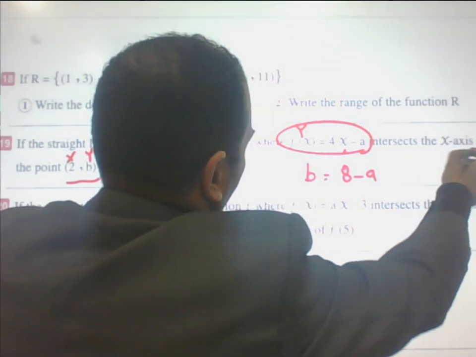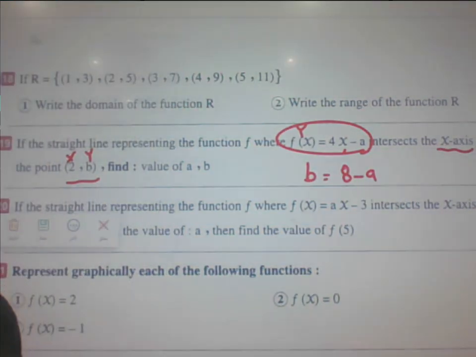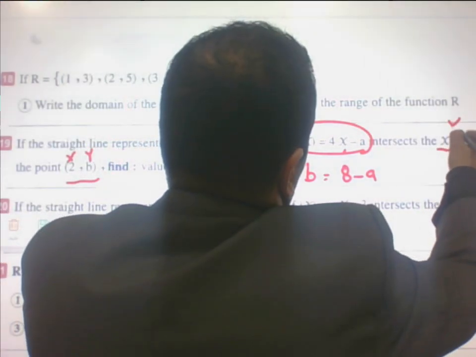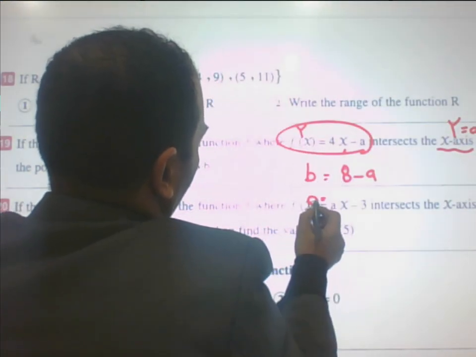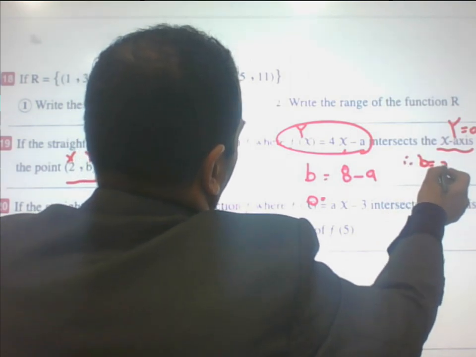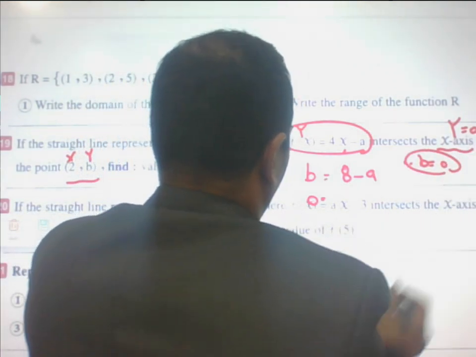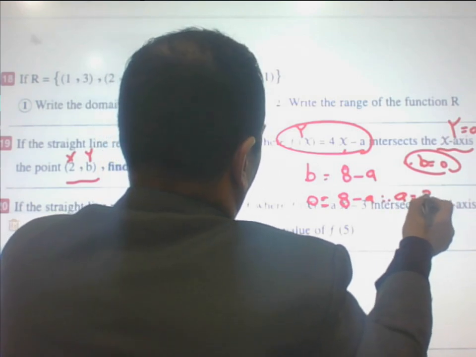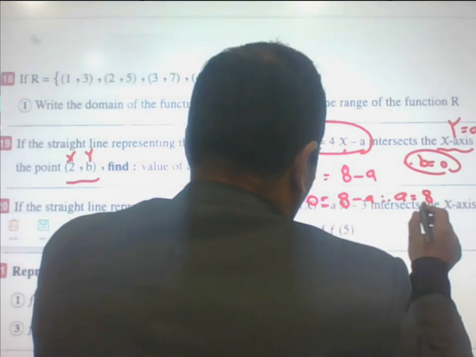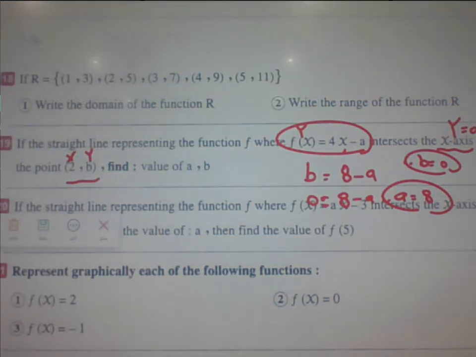And the straight line intersects the x-axis, meaning y will be equal to 0. It means b will be 0. Then 0 will be 8 minus 8. Then the value of a will be 8 because 8 minus 8 equals 0.